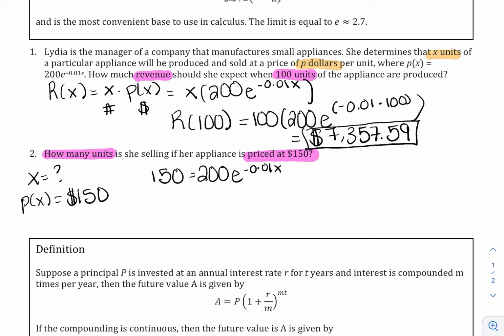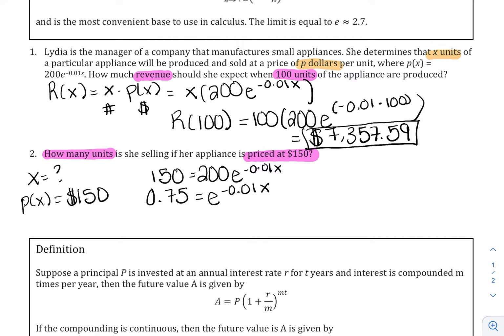Okay, so if it's been a while since you've taken algebra, what you do first is you isolate the e part, the exponential part. So we're going to divide by 200. And that's going to give us 0.75, 150 divided by 200, equals e to the negative 0.01x. And now what we need to do is the inverse of e to be able to get rid of it.